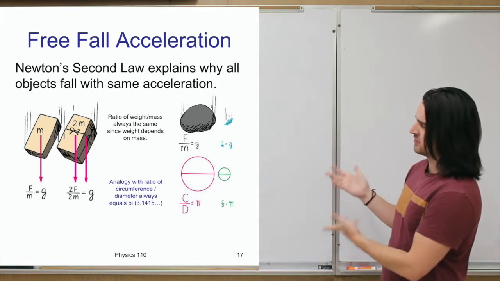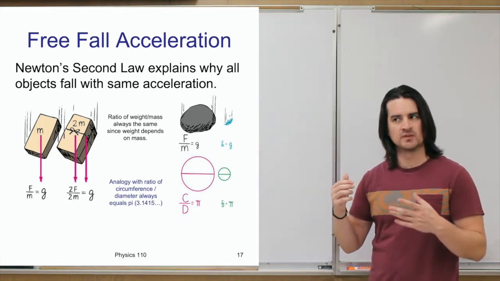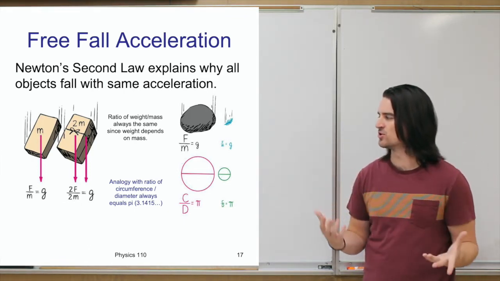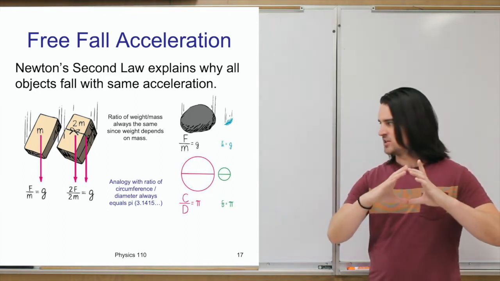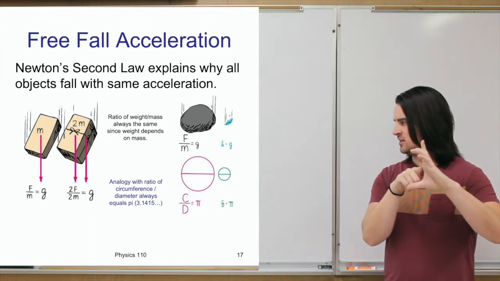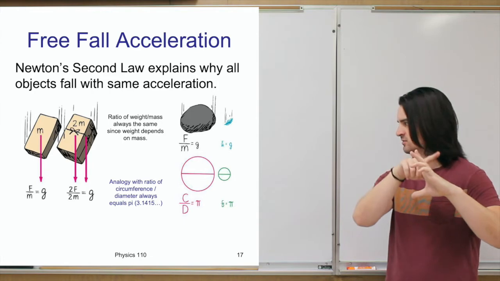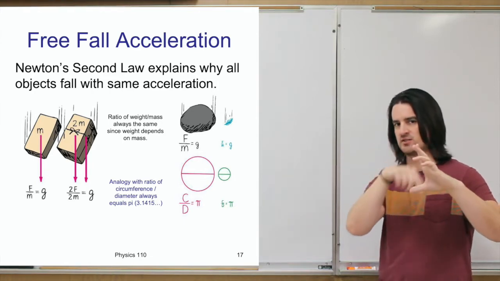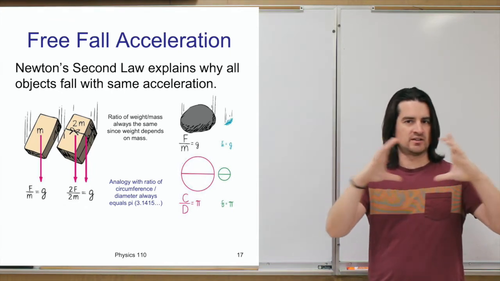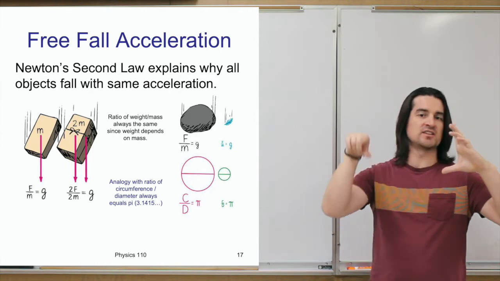And I guess this is sort of similar to the fact that for a circle, the diameter, how wide across that circle is, is very much related to the circumference, the distance around the edge of the circle, such that if you increase the diameter, you stretch that circle out, the circumference increases by the same amount.